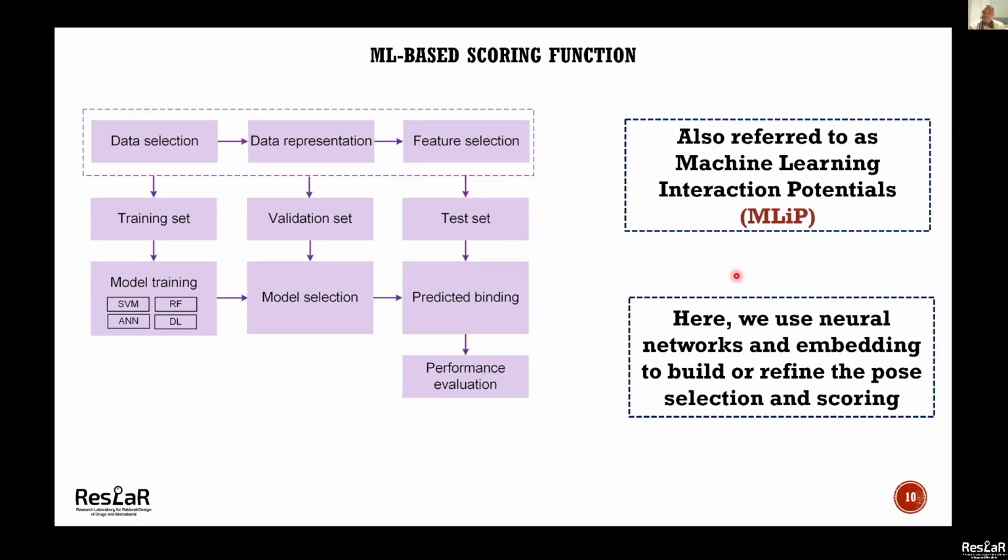Even these days, it's becoming more and more enhanced using neural networks and embeddings to refine the pose selection. Sometimes people perform classical docking, then use an ML-based scoring function to refine it. So it's not always that you start with ML, right? You can perform classical docking, let's say AutoDock, use Glide, use GOLD, whatever, then you will use an ML-based scoring function to refine it.